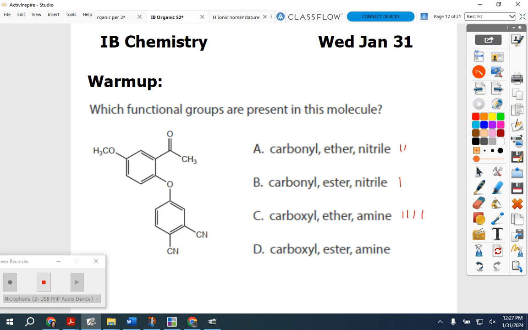Okay. So if you look at the answer choices, we've got a choice between carbonyl and carboxyl. We've got a choice between ether and ester, and we've got a choice between nitrile and amine. So this also, you'll notice, is a combination of a skeletal structure with a condensed structural formula in the bits that aren't just carbons and hydrogens.